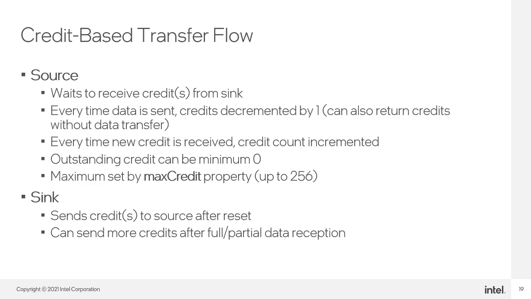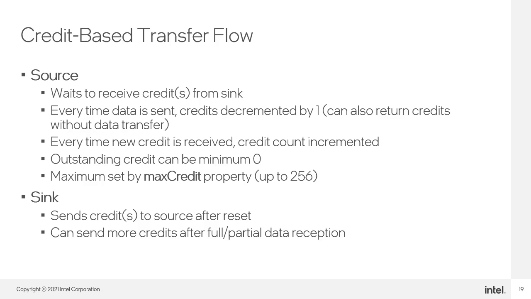The flow for credit-based transfers looks like this. On the source side, the source must wait to receive one or more credits from the sink. When it does receive credits, it needs to keep track of the number of credits allocated. The sink is not involved with keeping track of the credits allocated to the source after the allocation. Every time the source transfers data, the credit count must be decremented by 1.